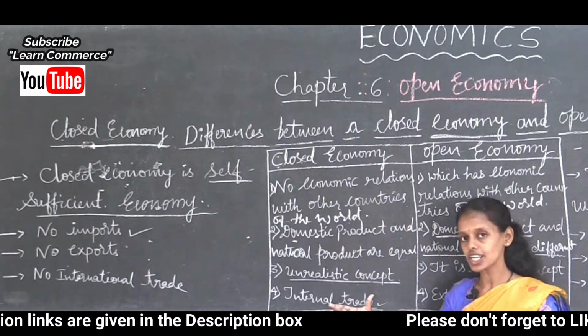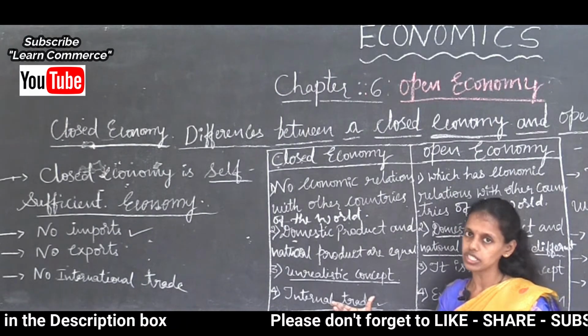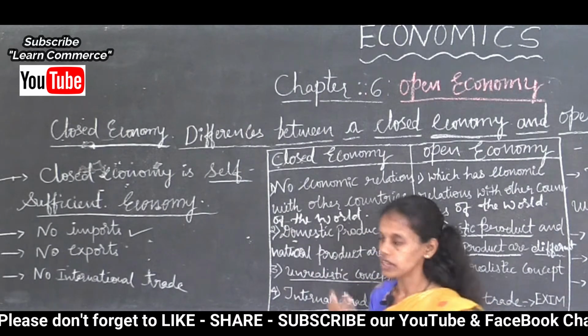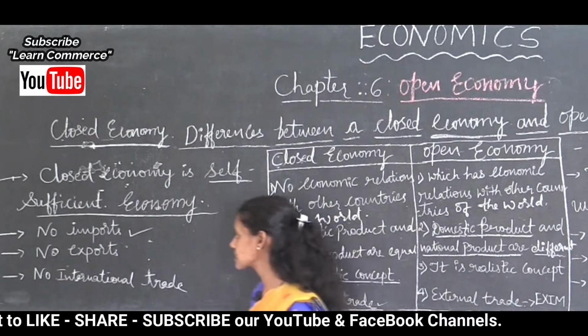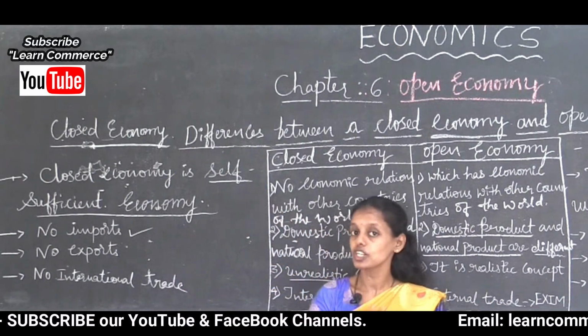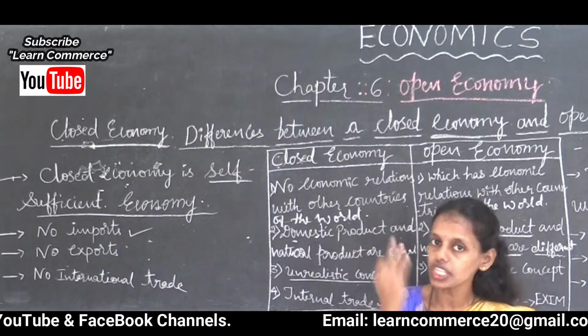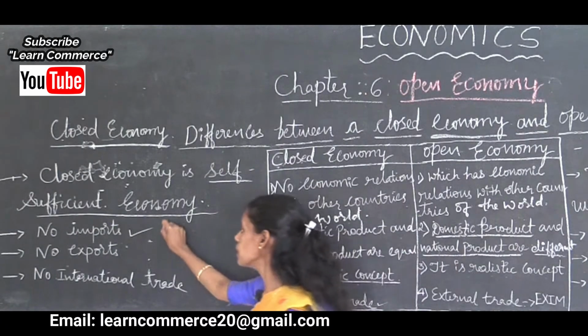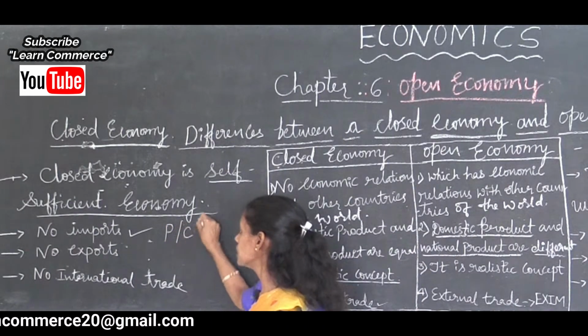It is a rare concept. Most of the countries of the world depend upon one or other countries for one or other product, and exchange takes place. Because economic activity includes production, consumption, distribution and exchange. But in a closed economy, we are considering only production, consumption and distribution.